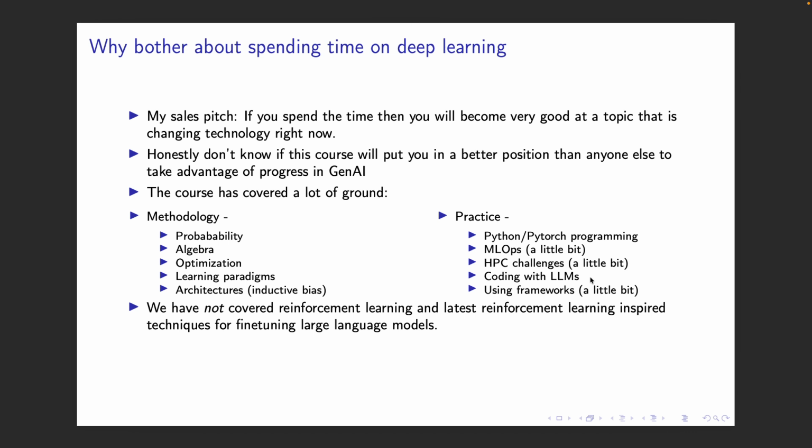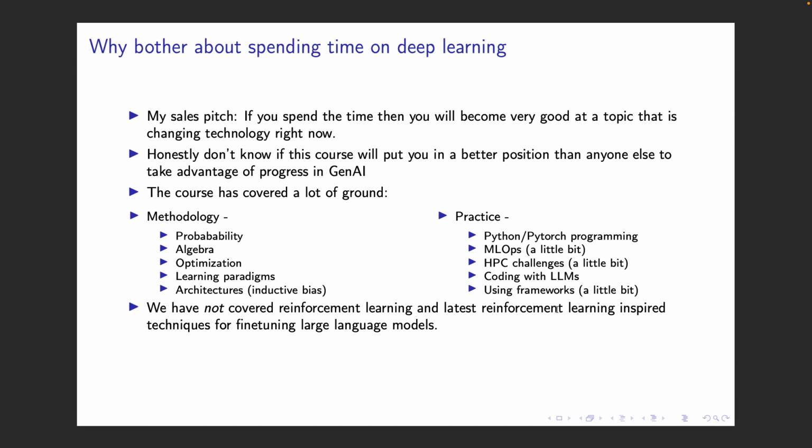I always try to keep my material up to date, because I think that's exciting. I don't want to talk about CNNs when everyone uses transformers and so on, right? But one of the things we have not really covered here is reinforcement learning, and also reinforcement learning ideas for fine-tuning large language models, right?